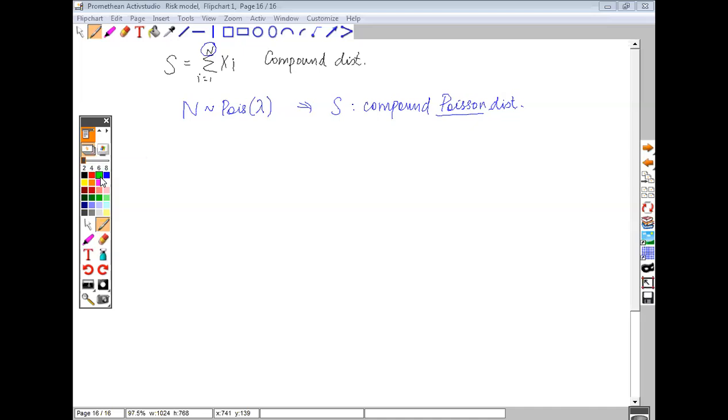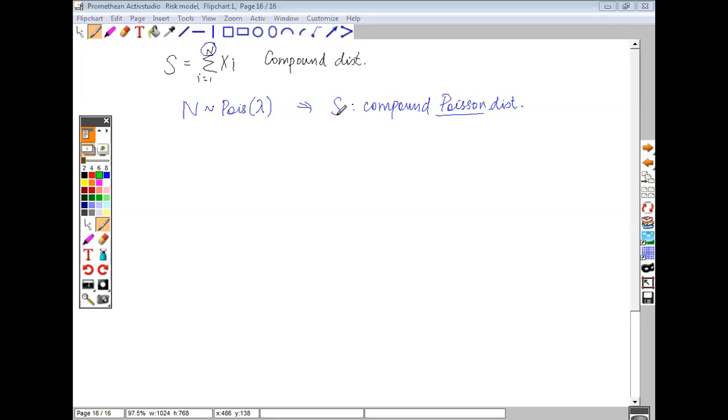Now if my S follows a compound Poisson distribution, let us analyze its characteristics, which would be expectation, variance, MGF, or even skewness. Even before we derive the skewness, what do you think the skewness of S would be?